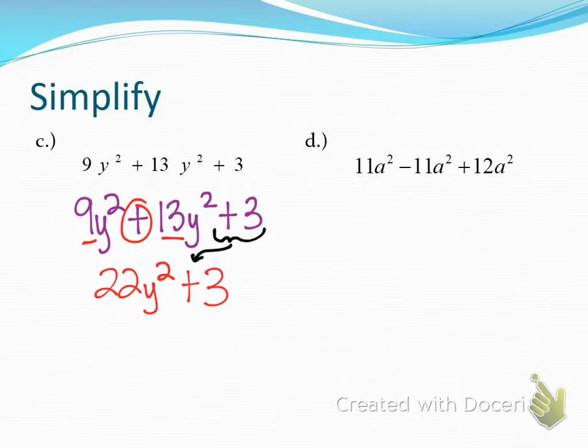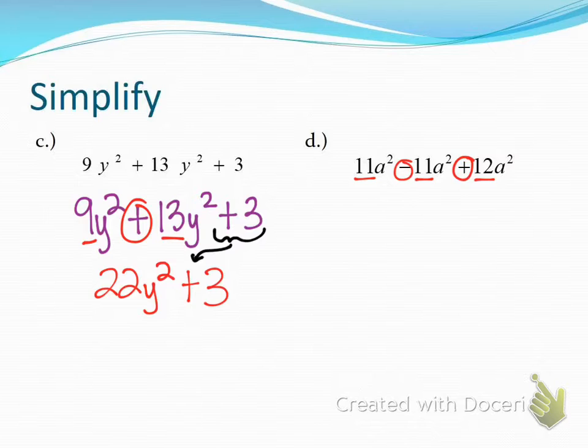Letter D, what did we combine? Dominic? 11a to the second minus 11a to the second plus 12a to the second. Wonderful. They all have a to the second, so they can all be combined. So that means that we are taking 11 minus 11 plus 12.